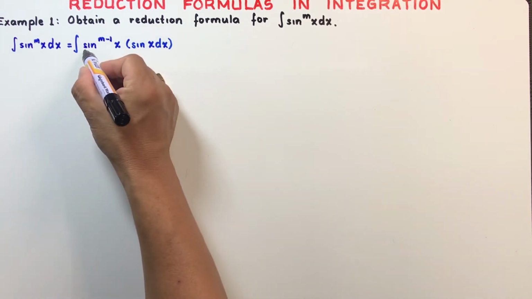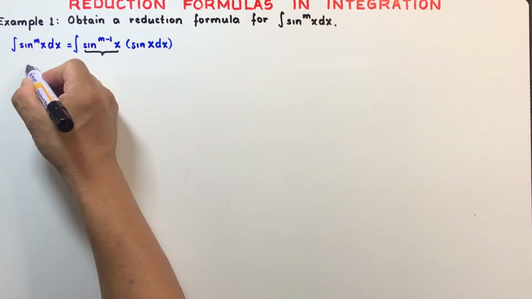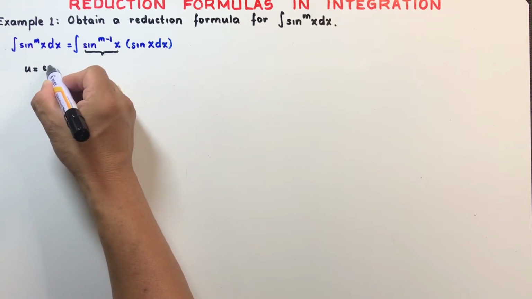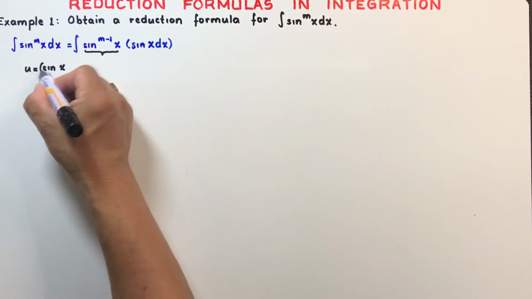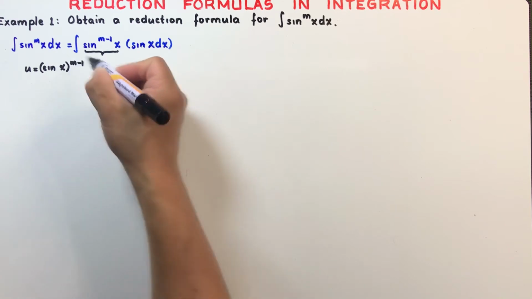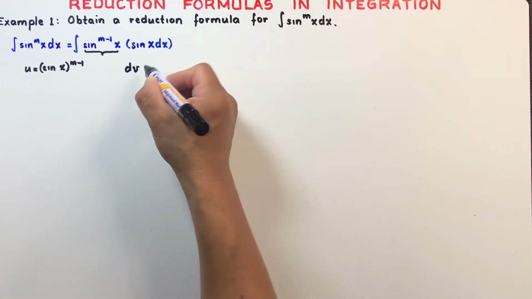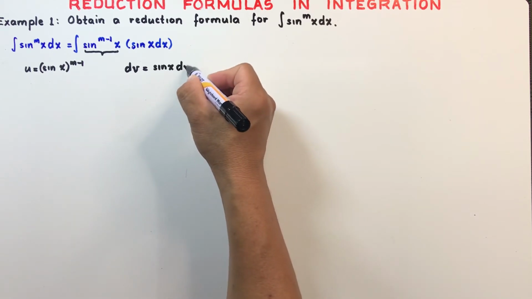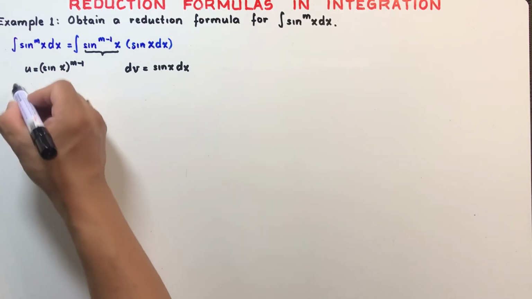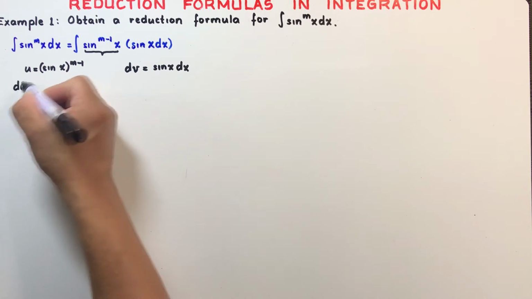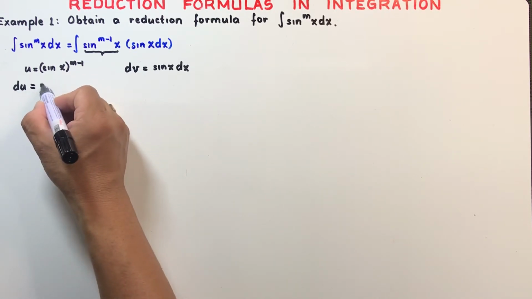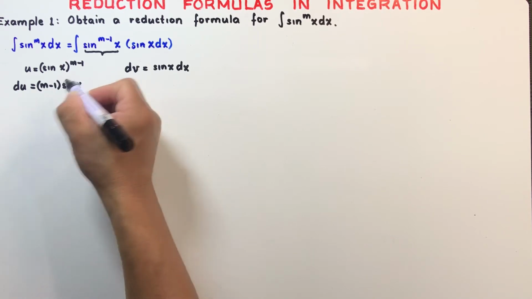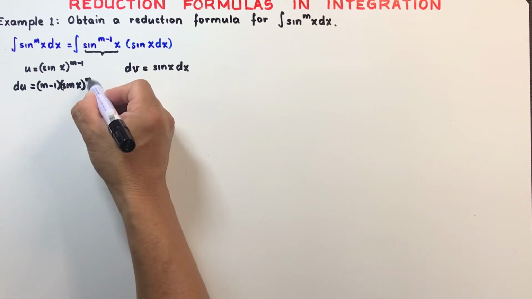Because if we represent our u as sine x to the power m minus 1, and our dv as sine x dx here, we can solve for our du using the power rule, which is m minus 1 times sine x to the power m minus 2.